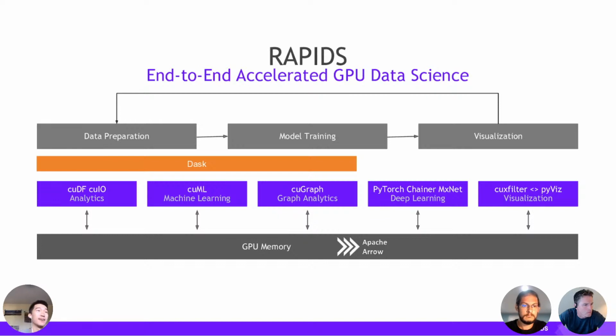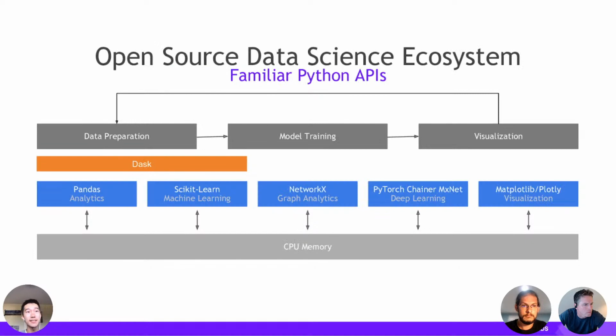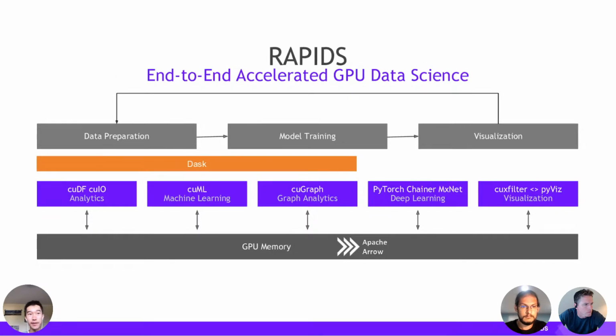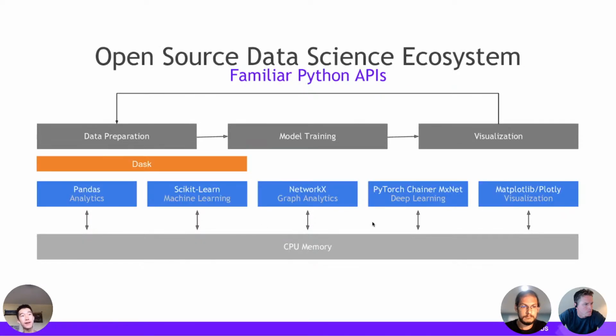So I'll go back to take a look between these slides. And you'll notice one other difference between these two pipelines is the type of memory that they use. So currently, these familiar Python APIs are running mostly on your CPU, right?